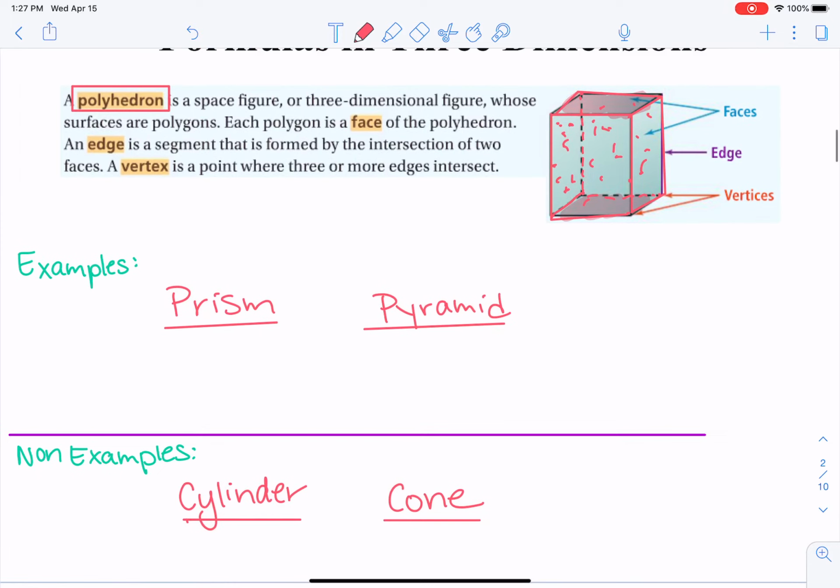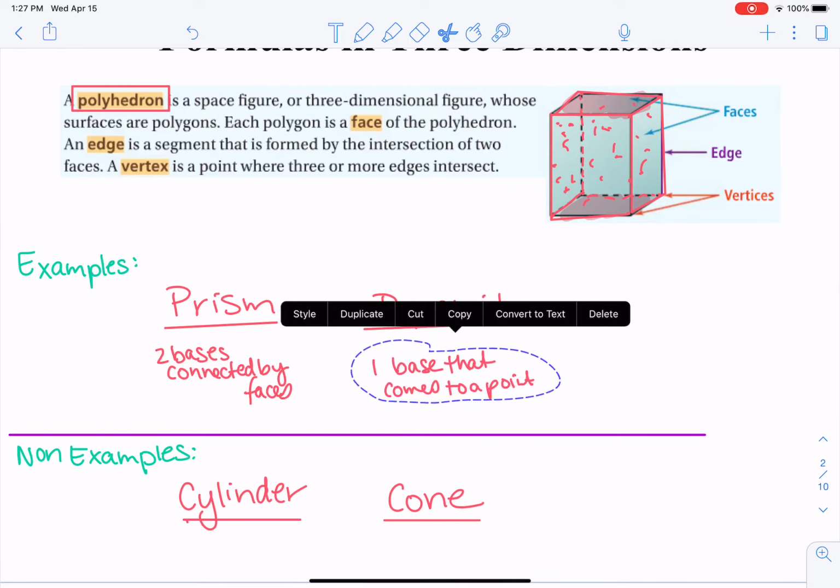One quick way to remember what a prism is, somebody said it's 2 bases connected by faces. And then a pyramid is 1 base that comes to a point. So that is a kind of a shortened definition of those.